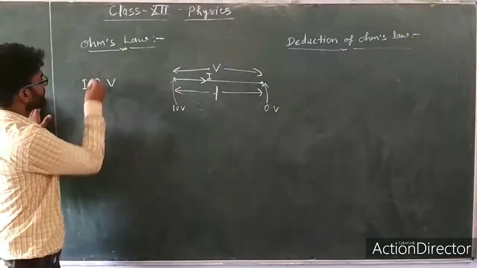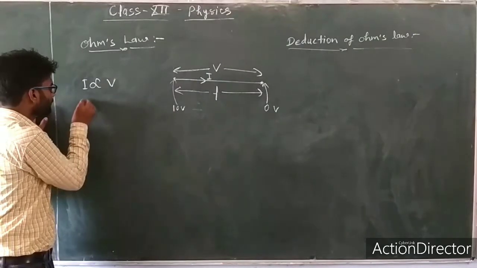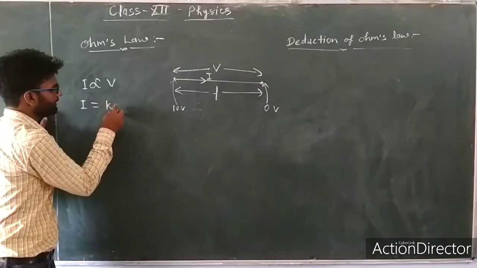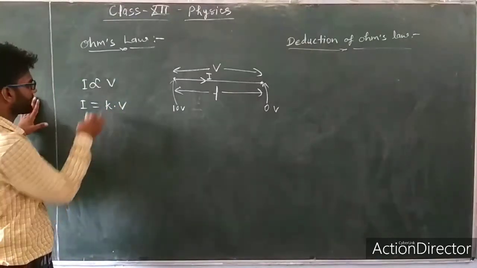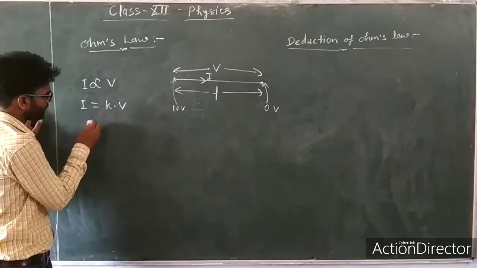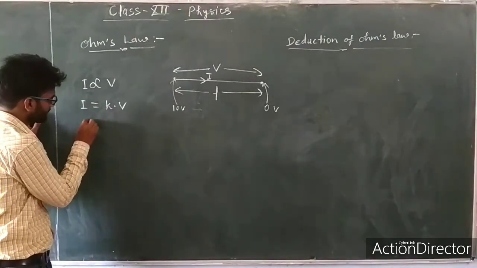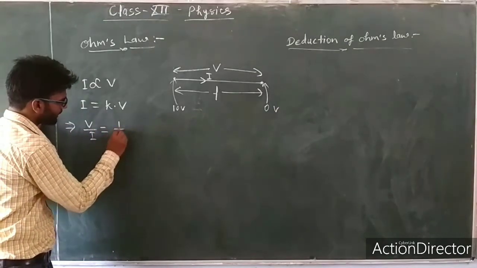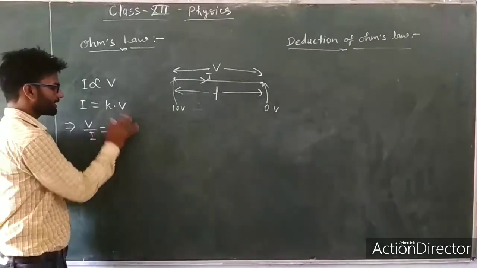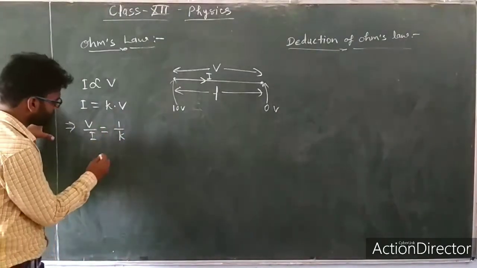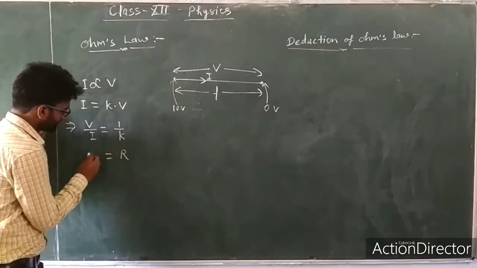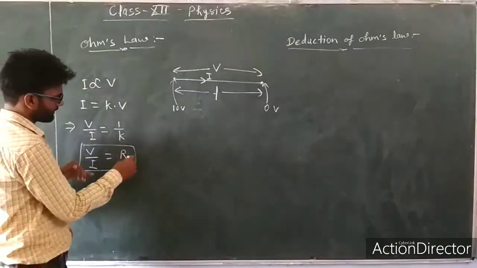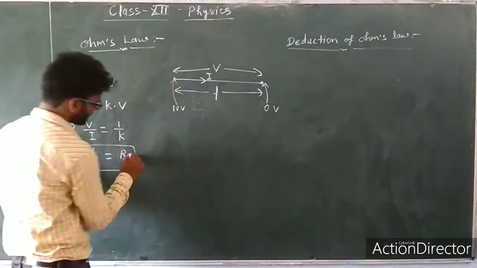So we can write a proportionality constant K into V. From here we can find the ratio of V by I. This implies V by I equals 1 upon K, and this reciprocal of the constant value is called R. That's the resistance of the conductor.